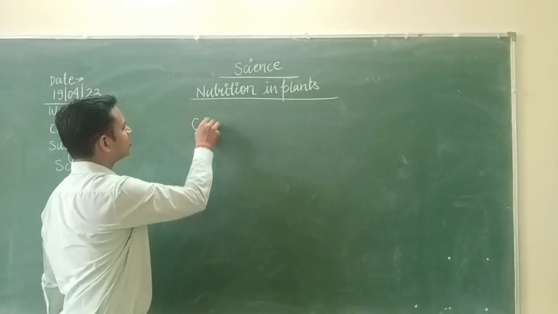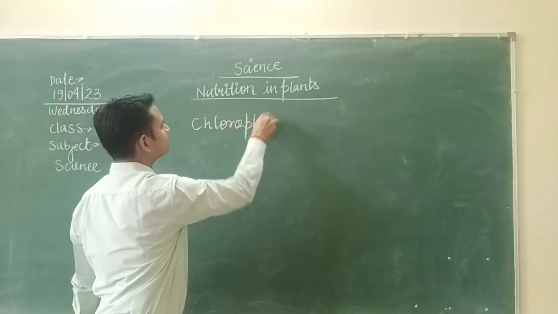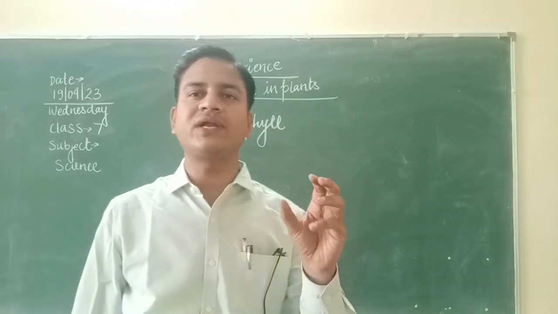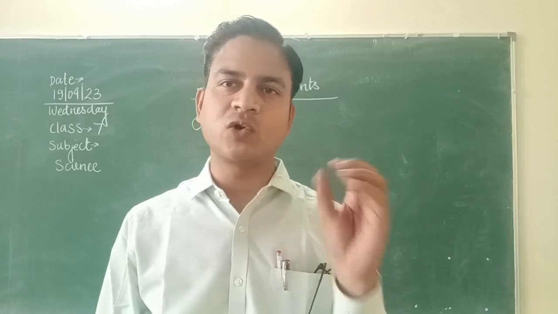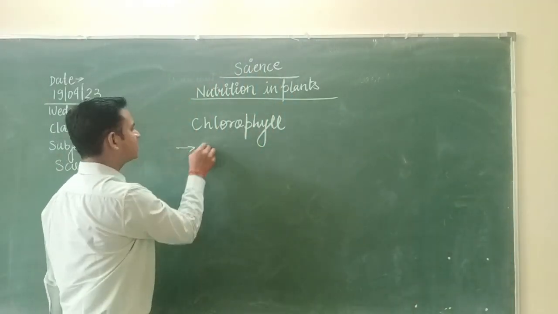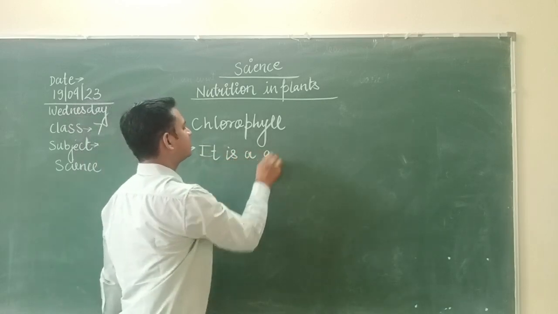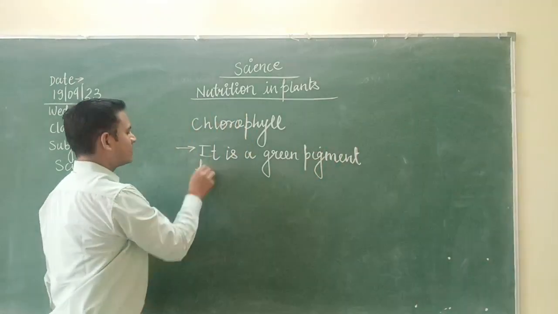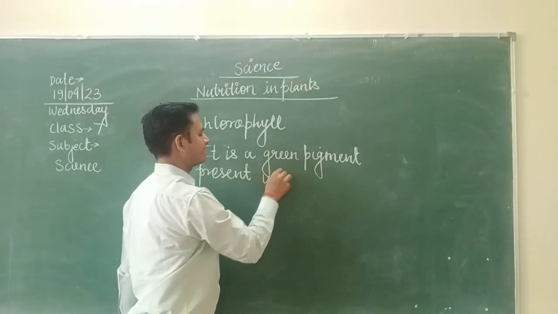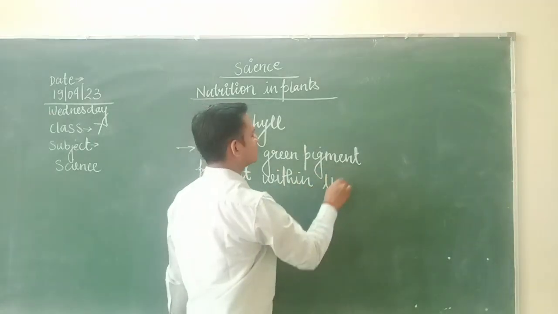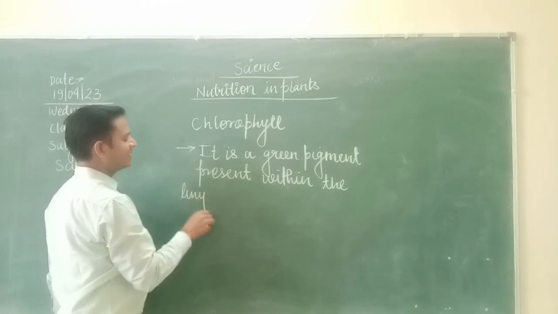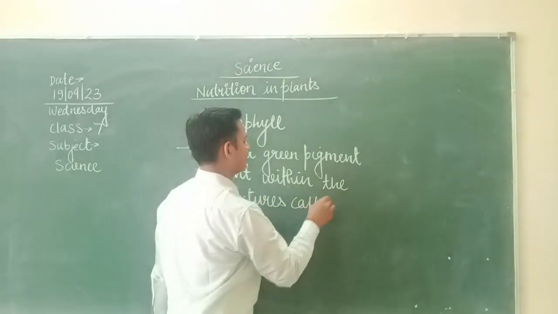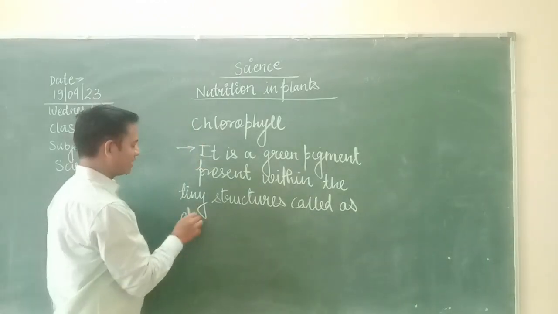So children, chlorophyll is a green color pigment, and it is present within the very tiny structures in the plants called chloroplasts.